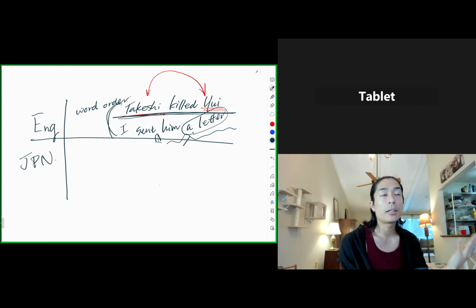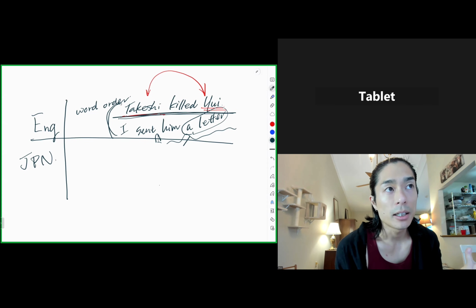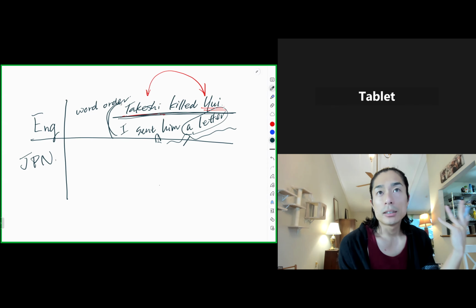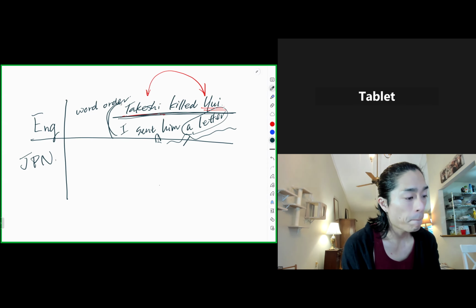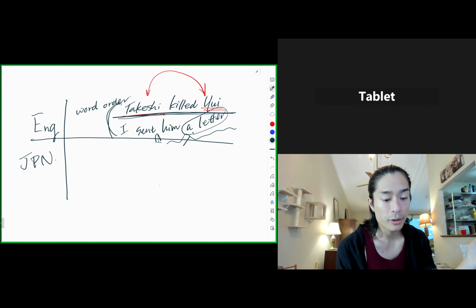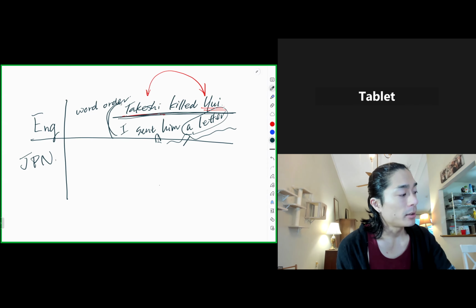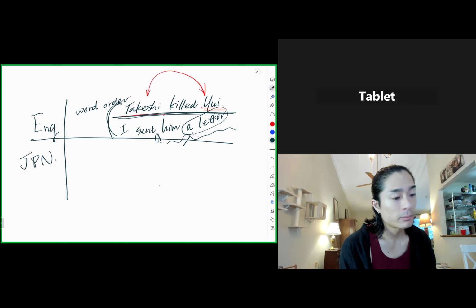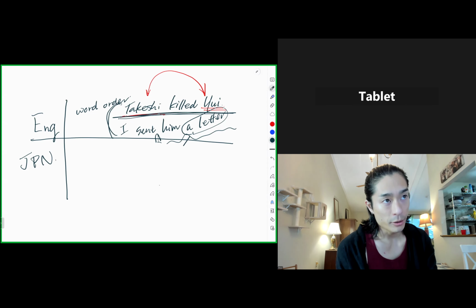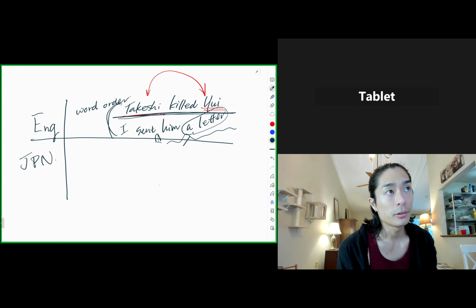Or I sent him a letter, I sent a letter him, can still mean the same thing. We can shuffle word order and still mean one thing. That's what Japanese is. How? Particles. That's why we use particles.